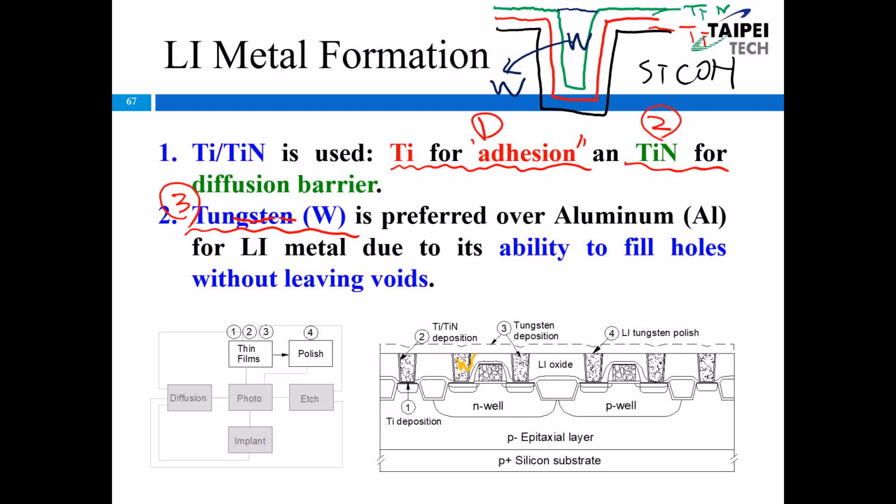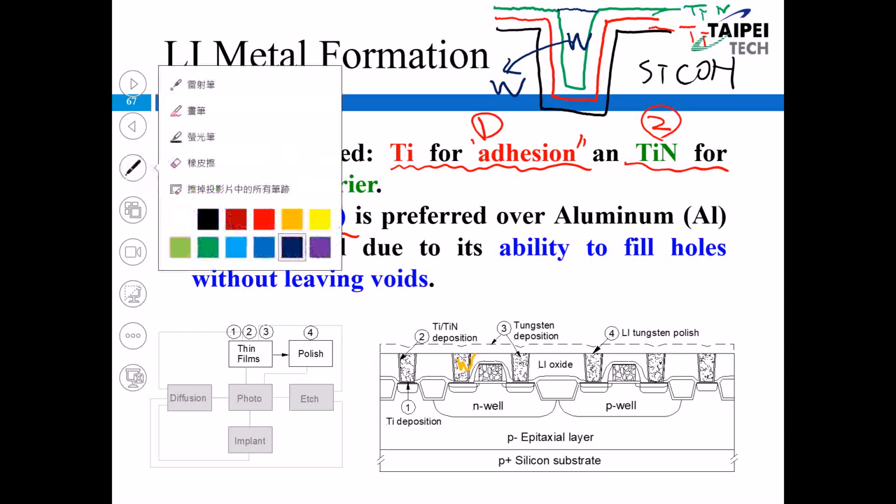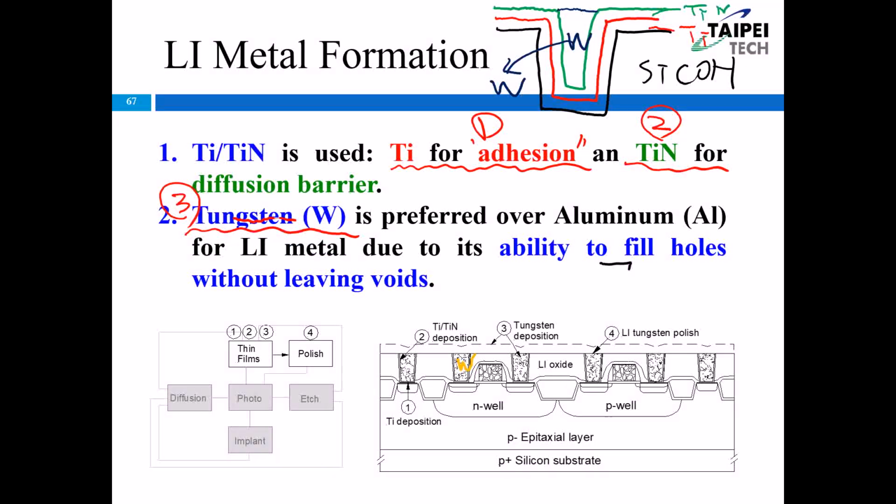So right now, the material system, you need to remember, I write down for you. Right now, we talk about the tungsten, right? But one day, if I want to talk about the upper metal, like the copper, how should we do? Right now, if I want to talk about the copper, you need to know the first layer.